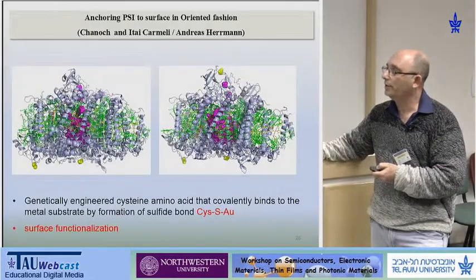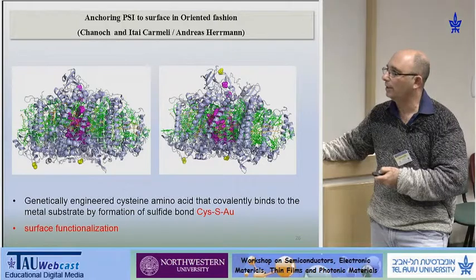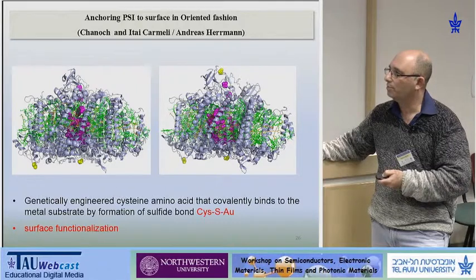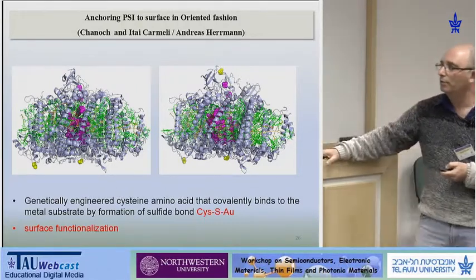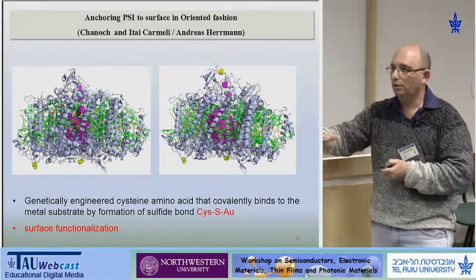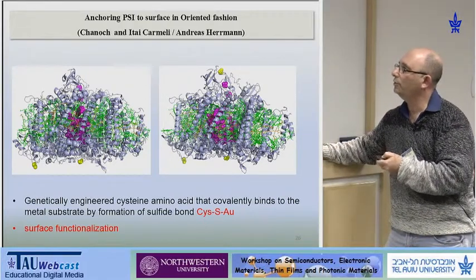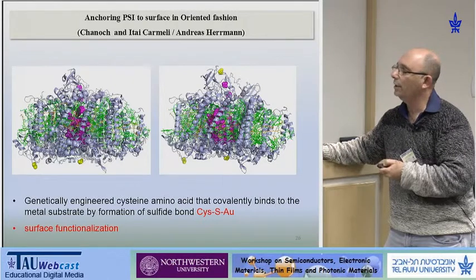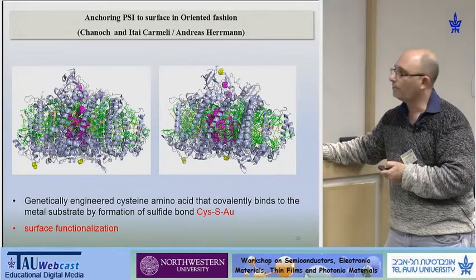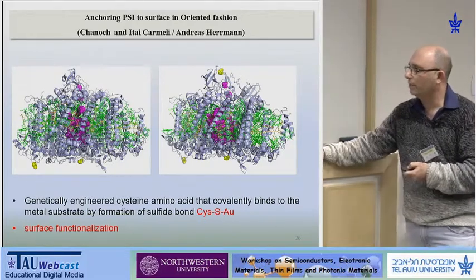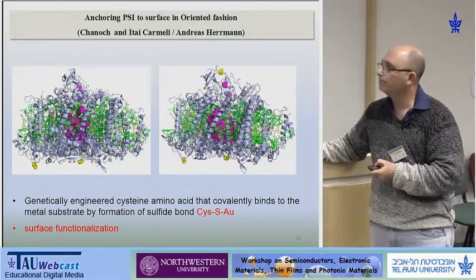So for this, the biochemists produced a genetically engineered cysteine-based Photosystem 1, in which this part can be used for self-assembly on metal surfaces. And if they used two mutants here and here, you can make junctions with it. We also used a surface functionalization with some of our devices, and I'll show you in a minute.